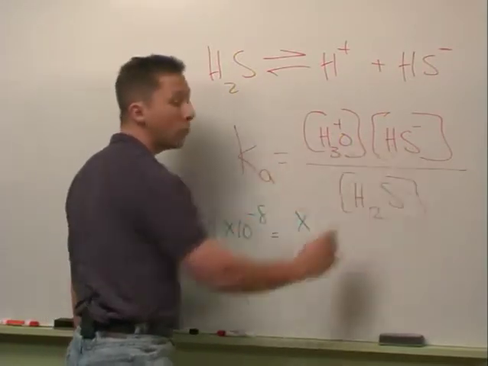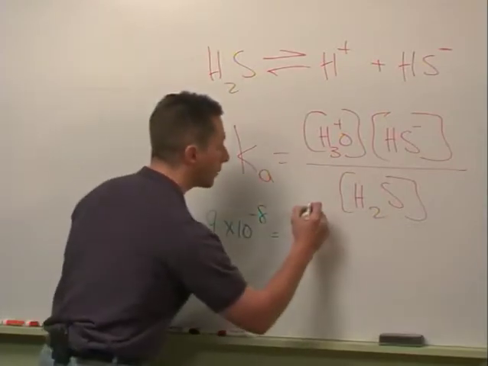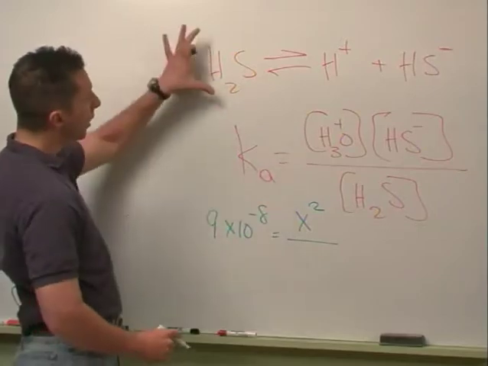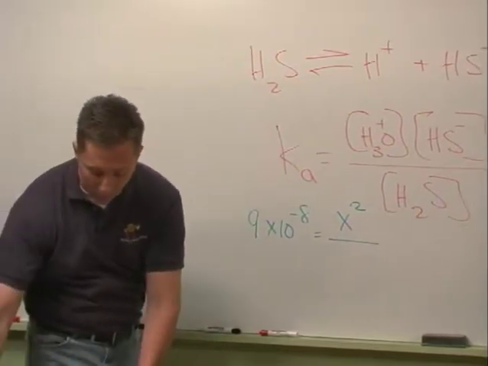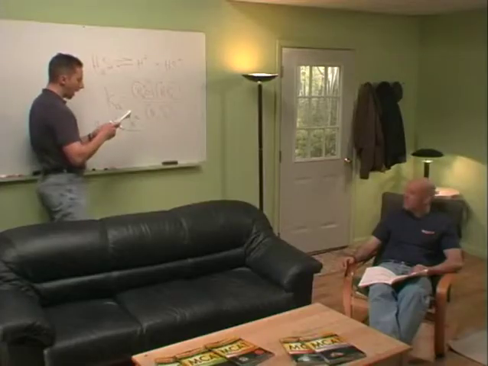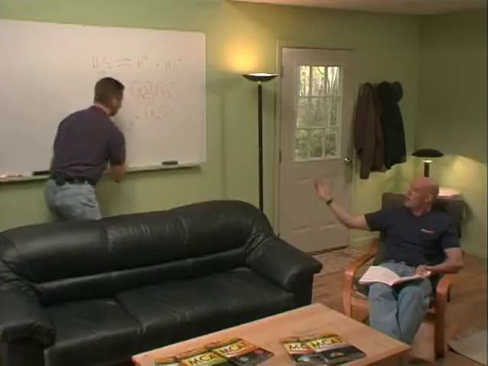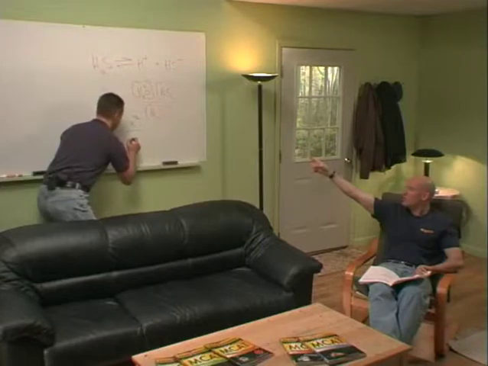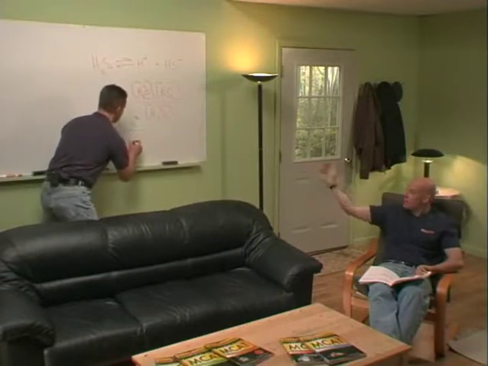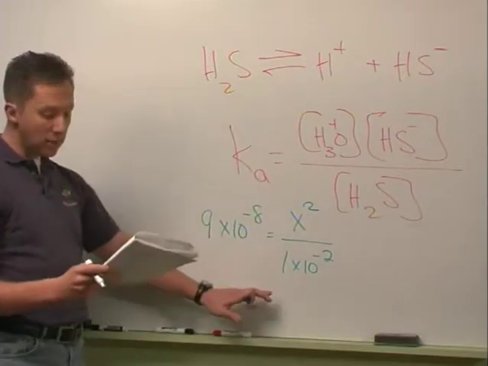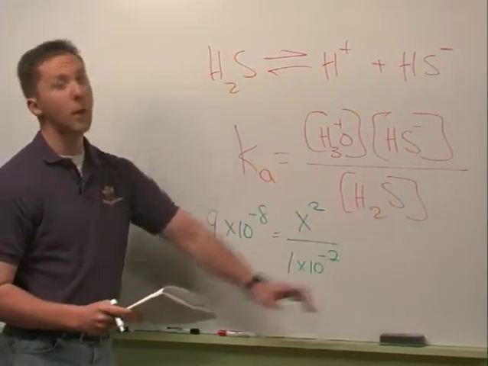And because we have two of them, x times x, we're going to have to square that x. And we'll divide by the H2S concentration, which is given to us in the question as 0.01. And it's 0.01 minus x, because for every H3O plus formed, we lose x amount of H2S. So we could say 1 times 10 to the minus 2 is the H2S concentration minus x.